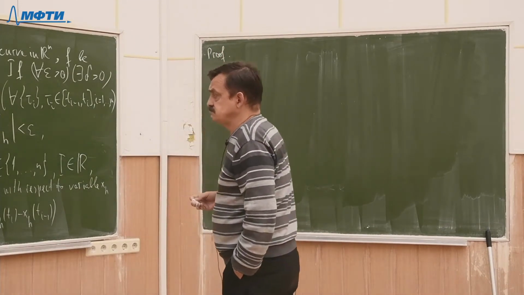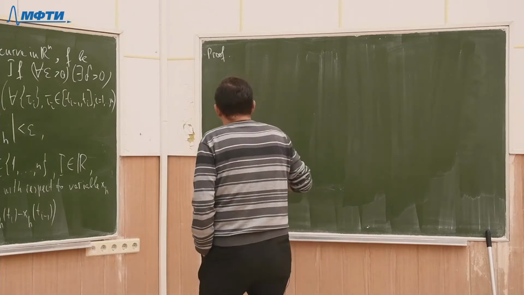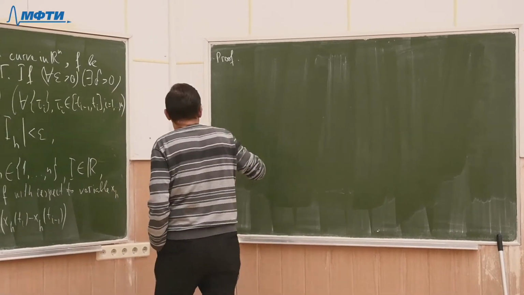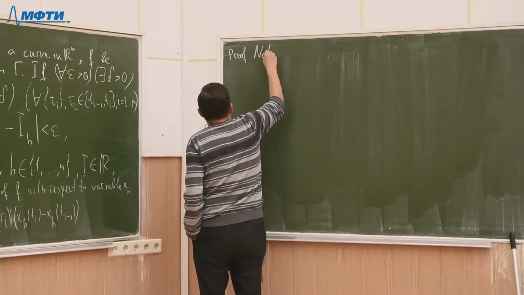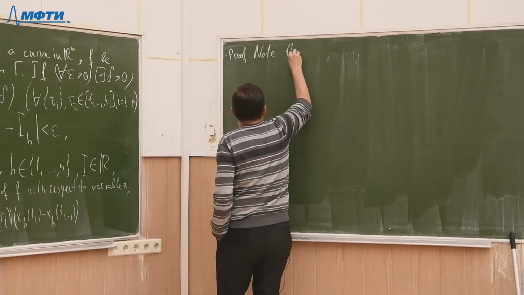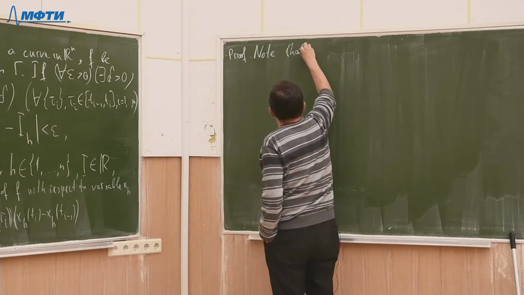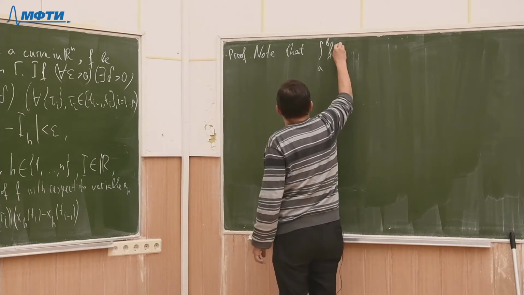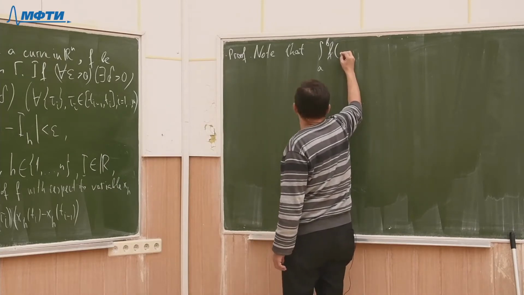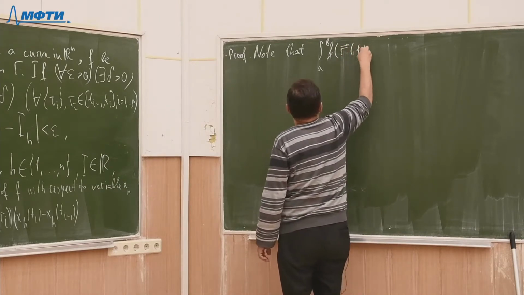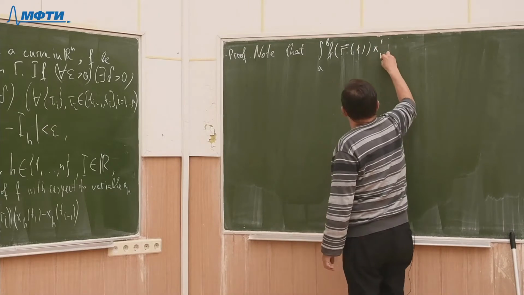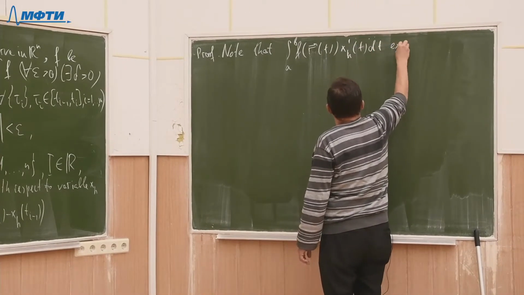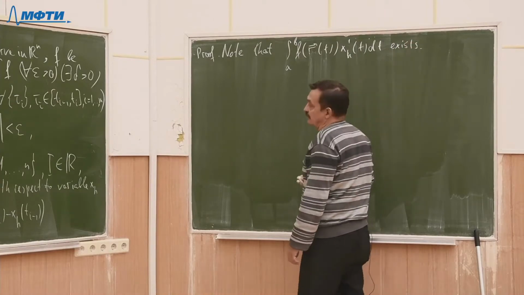So consider, first of all, note that the integral on the right hand side, the integral of f of r of t times x_h prime of t dt, exists. Why?